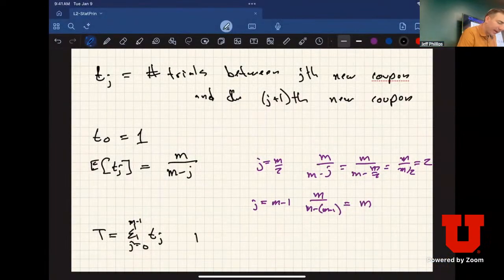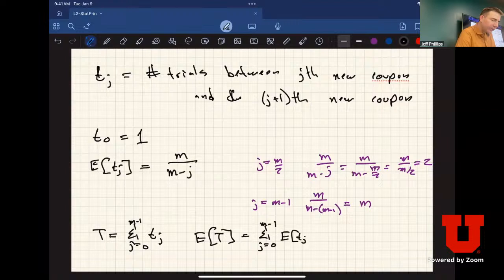And so the expected value of t, the expected number of trials, is, I can push the expectation through the sum because it's a linear operator, the sum of the expected value of t_j, and I know that that is equal to m over m minus j.